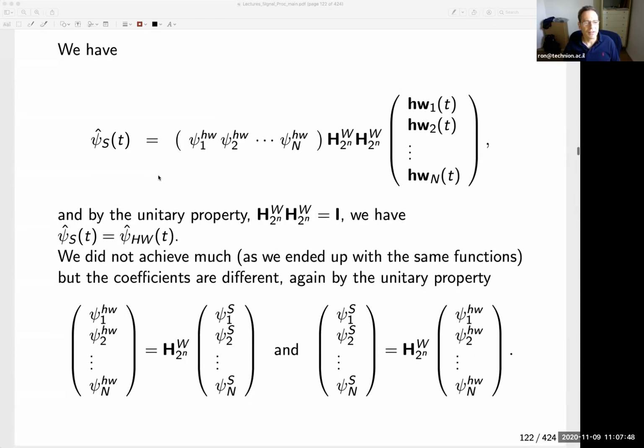What else do we have? So we have that indeed approximating the function with a standard basis is what is written here, which is equivalent to the Hadamard-Walsh, represented as such. And since we know that the Hadamard-Walsh is equivalent to identity, then indeed nothing has happened.